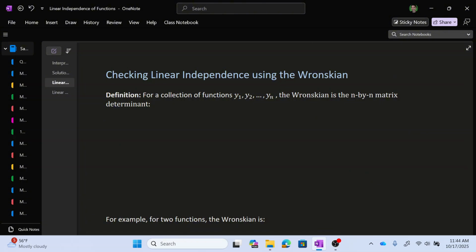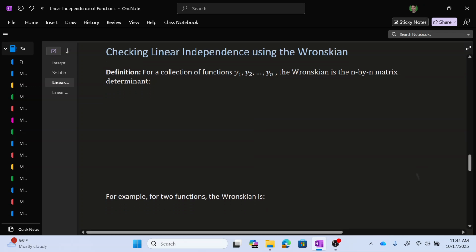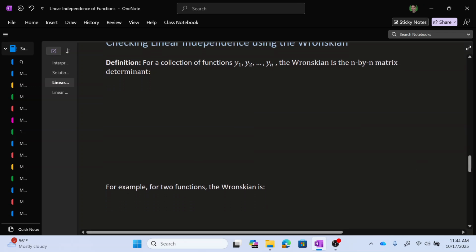So in this part of the video, we're going to introduce a tool that is used to see more clearly if your functions are independent or not. And the tool we're going to use to check for independence is called the Wronskian.